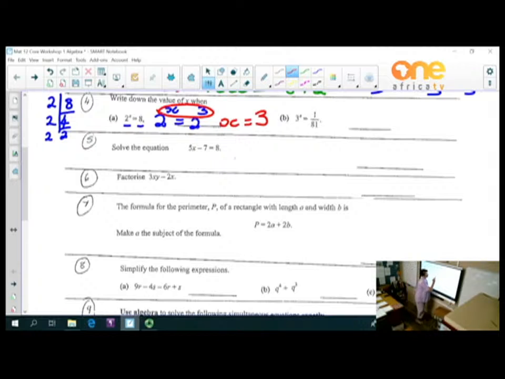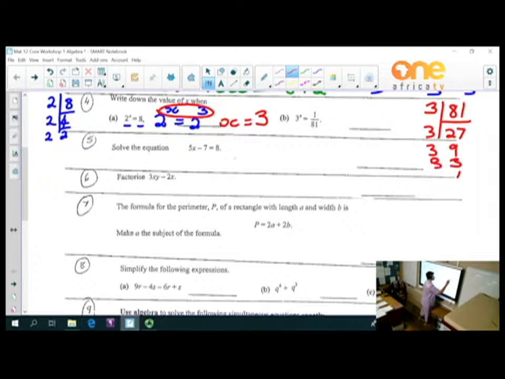Here we're going to do exactly the same thing. I have to change it to the same base. So I divide with prime factors. You cannot divide by 2, so this time we're starting by dividing by 3. 3 divides into 81, 27, and 3 divides into 9 3 times 1.